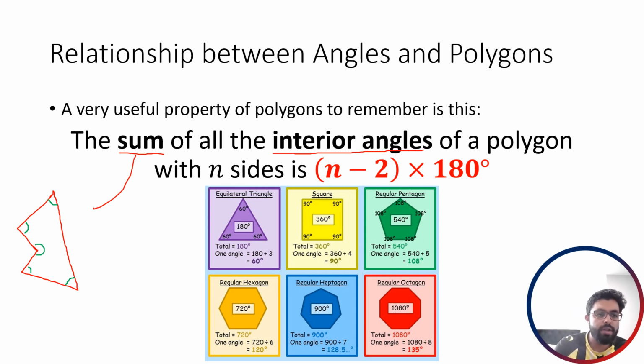So in this case, our polygon has 1, 2, 3, 4, 5 sides, right? So we've got our 5-sided polygon. It doesn't look like a typical pentagon, but it is a pentagon. It's just not a regular pentagon, but it's a 5-sided shape. So because it's a 5-sided shape, n is equal to 5.